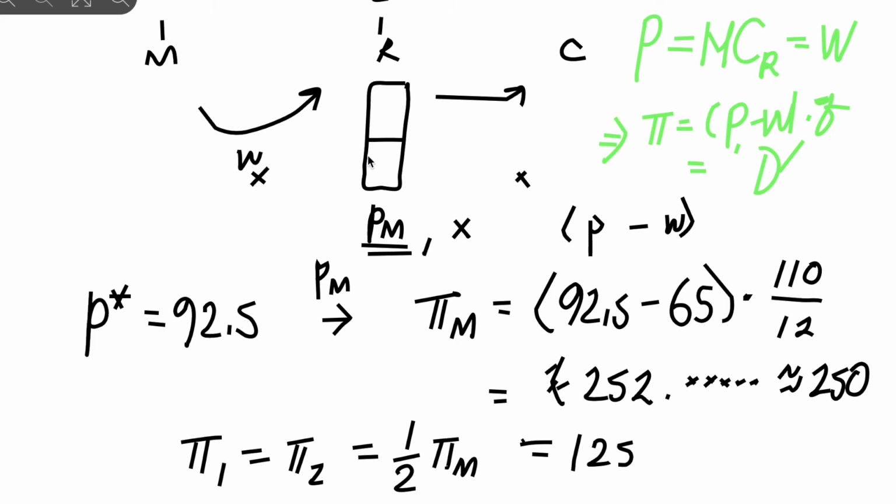So if they deviate from the monopoly price, then the punishment is triggered and nobody will get any profit ever after.